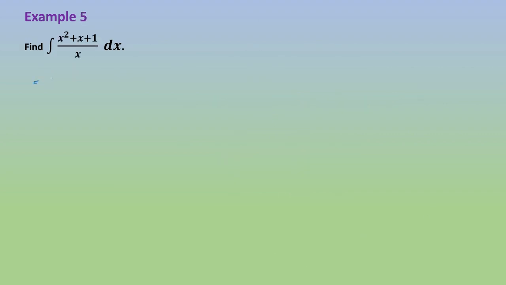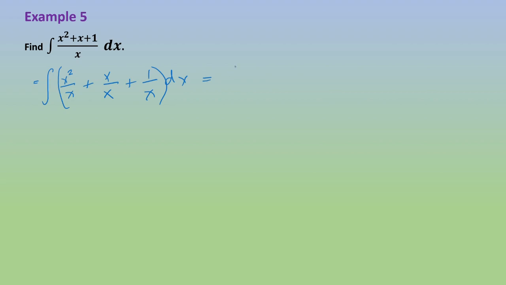Another example, we can write this as the integral of x squared over x plus x over x plus 1 over x dx. So we have divided all the terms of our numerator by x.